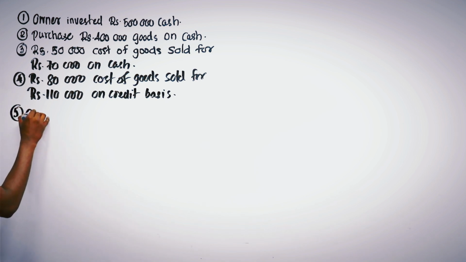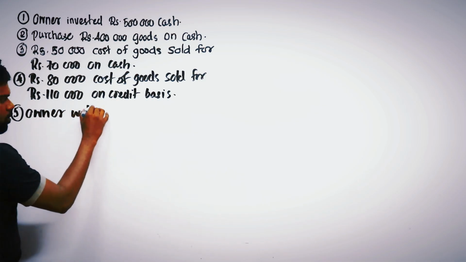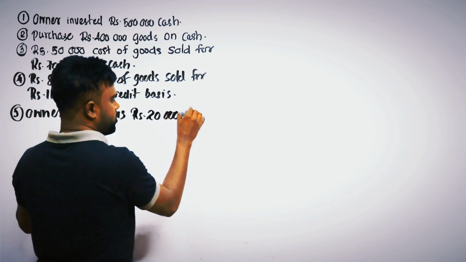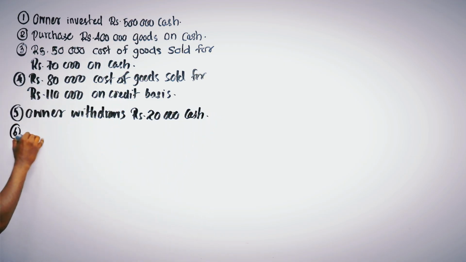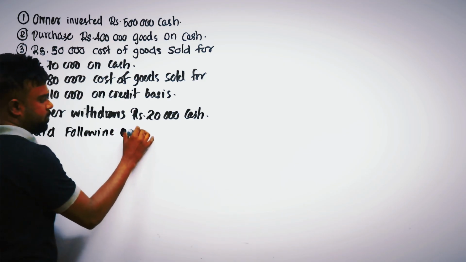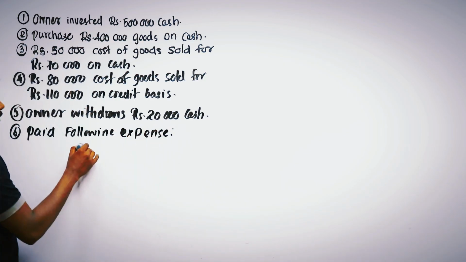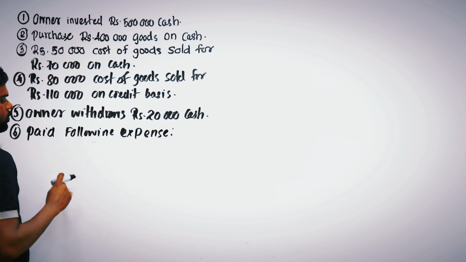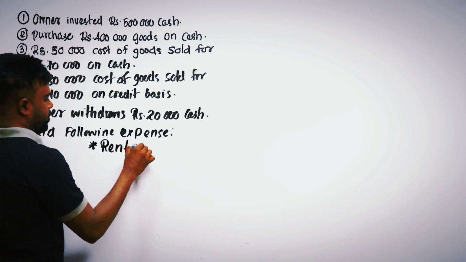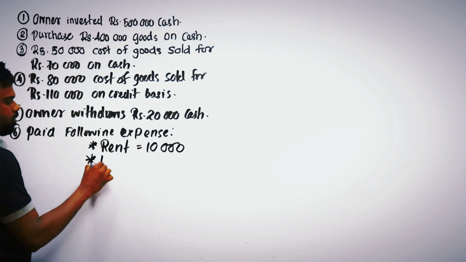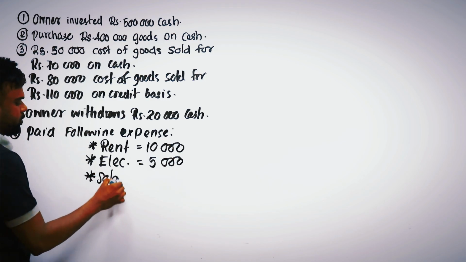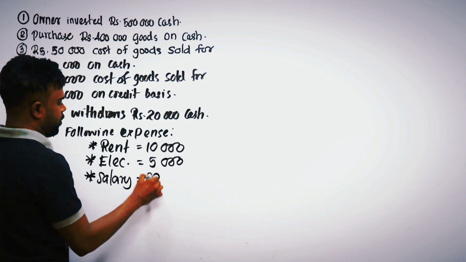Next one, owner withdraws 20,000 cash. Paid following expenses: rent 10,000, electricity 5,000, salary 20,000.